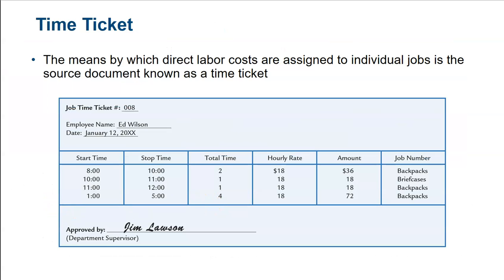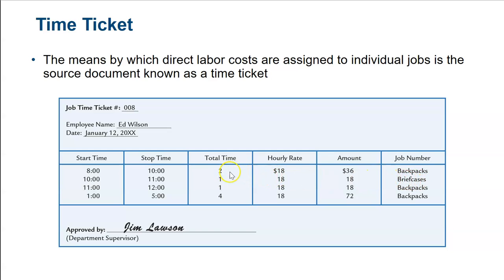A time ticket works the same way, except that a time ticket is for direct labor. Now, direct labor is not stored in a warehouse, but you recall the job where we made the backpacks, we had a final cost for direct materials, we had a final cost for direct labor and applied overhead. Well, we have an employee here, looks like he worked throughout the day. He worked on 2 different projects. He worked on backpacks and briefcases.